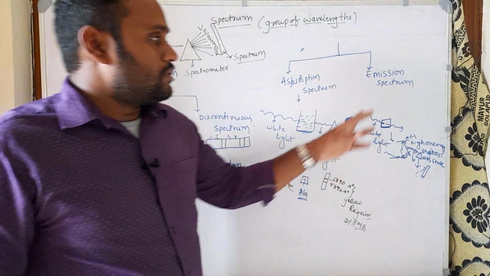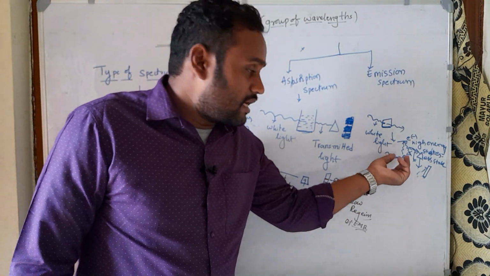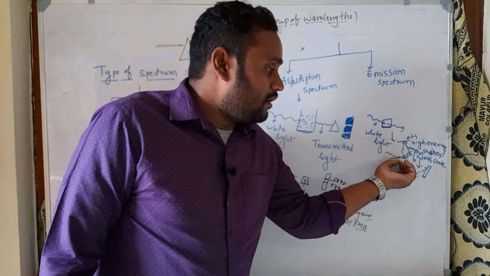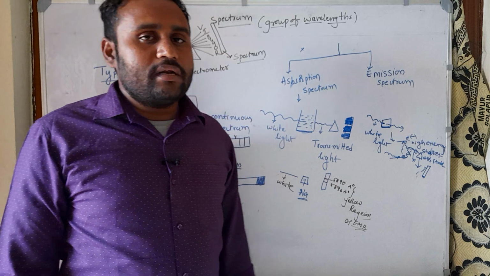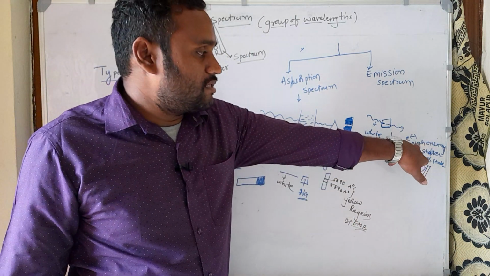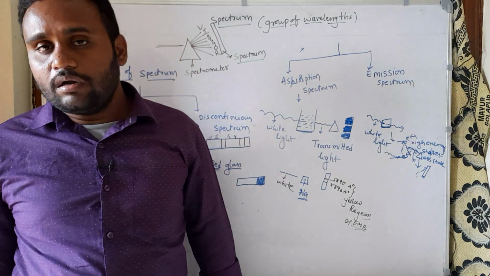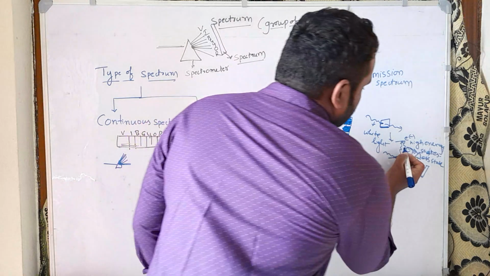Emission spectrum. So in this emission spectrum, when you heat the substance, what is happening? The electrons or molecules are absorbing the energy, and the electrons are entering into the higher energy level. That higher energy level is very less stable, so again they return to the ground state. When they return to the ground state, they release some radiation.